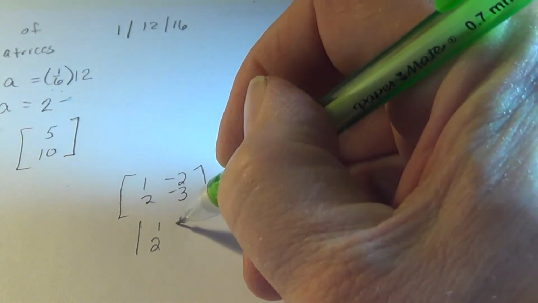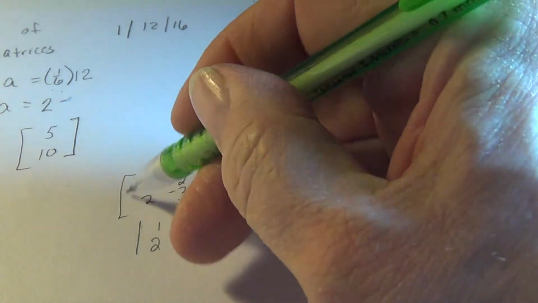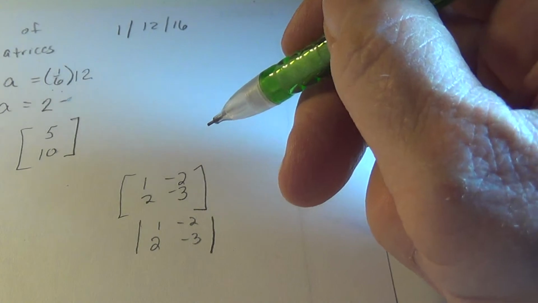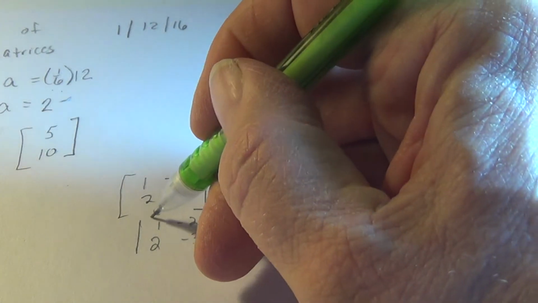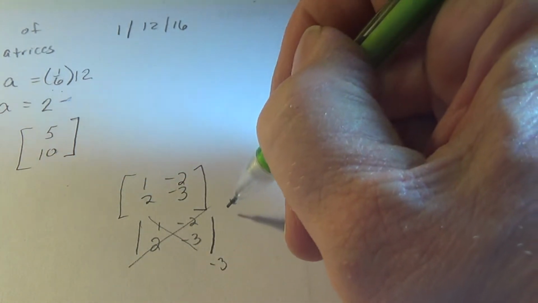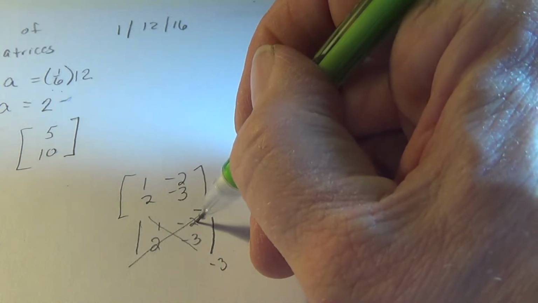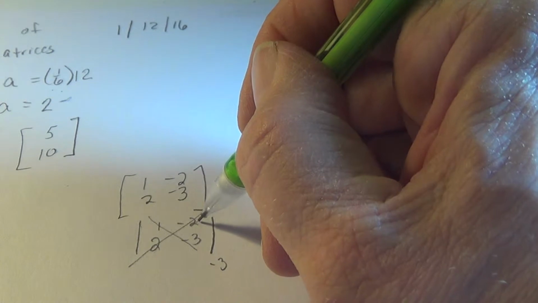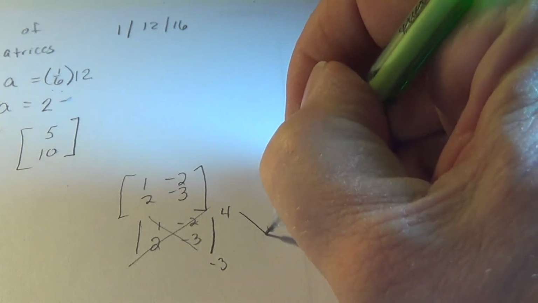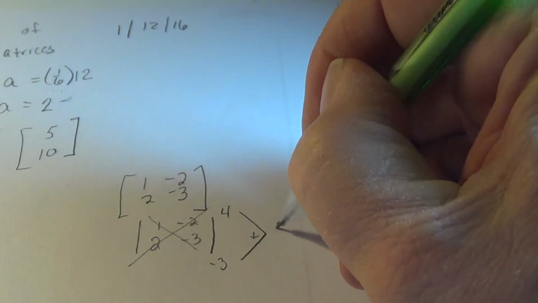Remember, the straight lines mean determinant and these brackets mean matrix. I'm going to need that. So I go south, get a -3, go north, it would give us a -4, but going north we change the sign, so it's a +4. We add those and we get a 1.